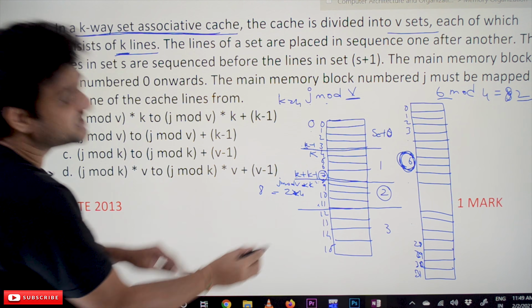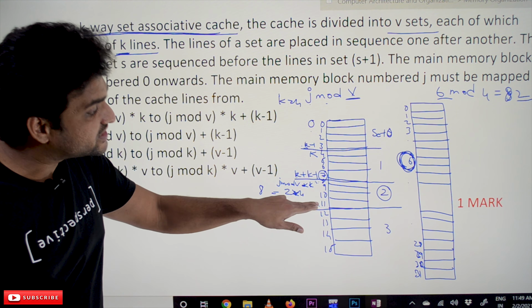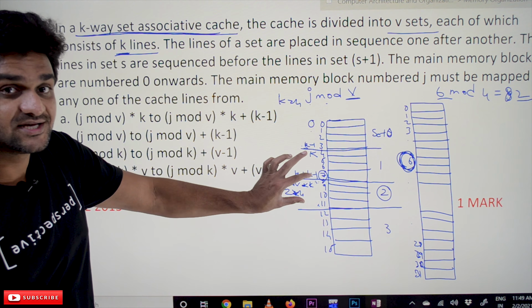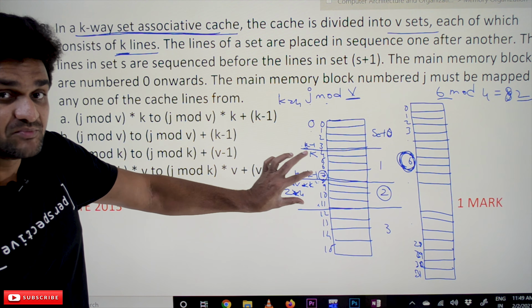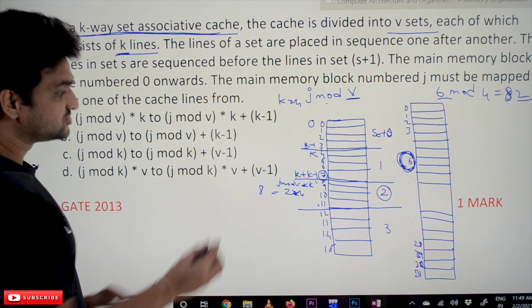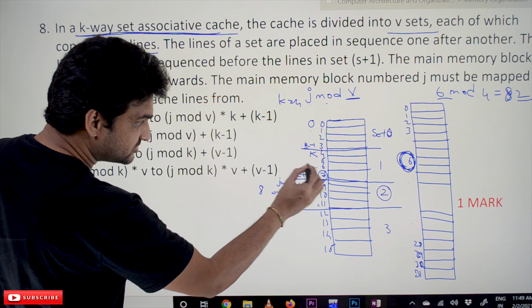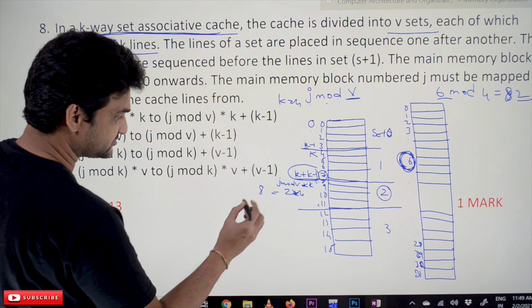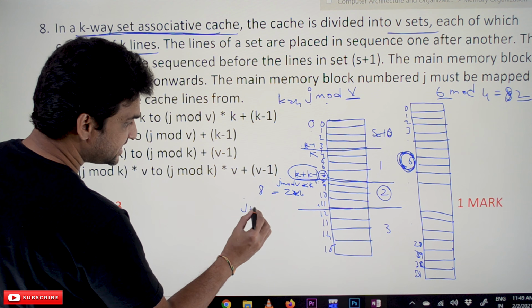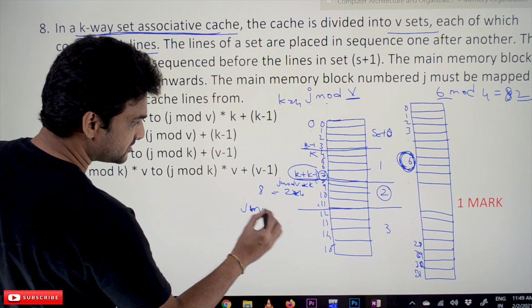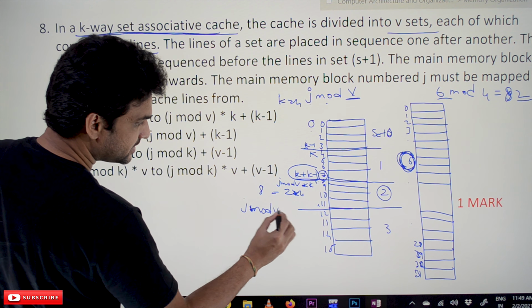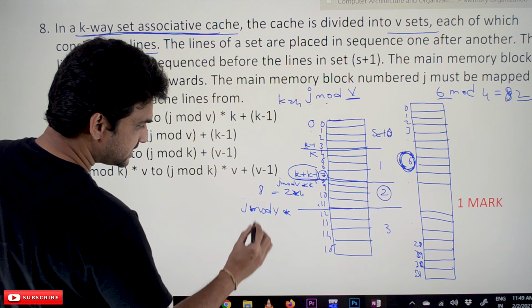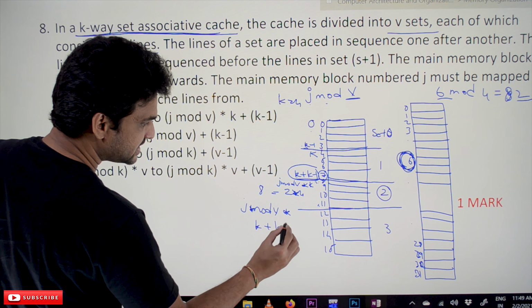And till which line of the cache memory is the range capable of? So the next range is here. What is the value that we have? It is j mod v into k plus k minus 1.